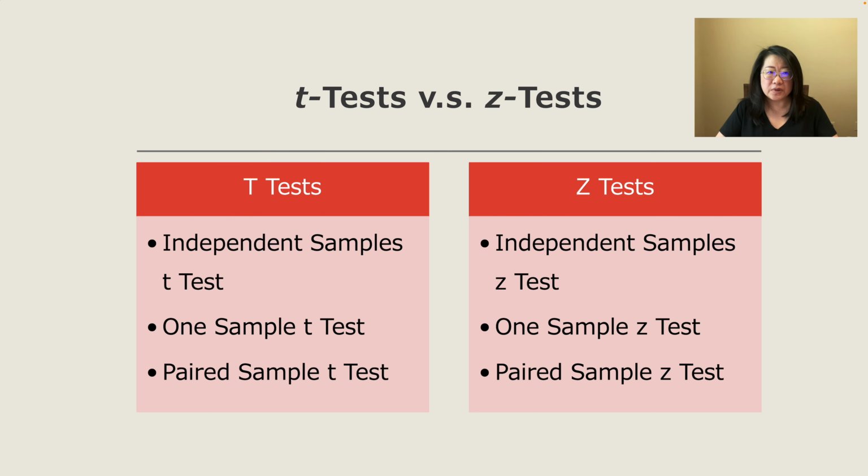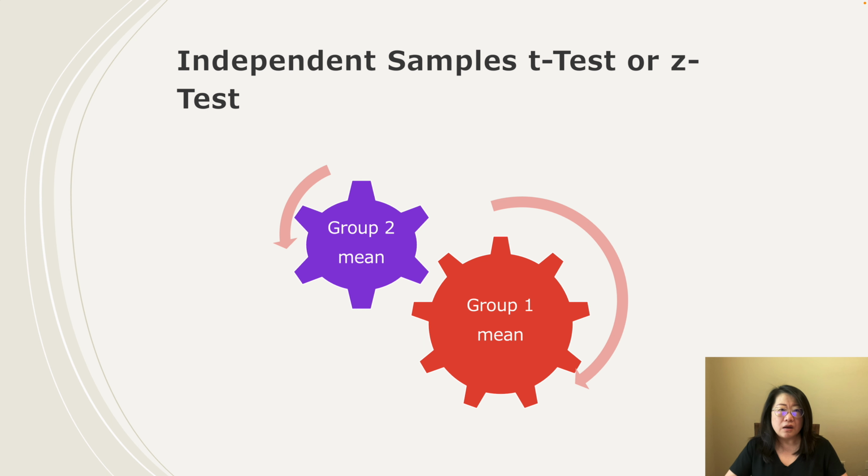So there are three types of t-test and three types of z-test. We have the independent sample z-test or t-test, the one sample t-test, and the paired sample t-test. The independent sample t-test, or z-test, basically compares the group average or group mean between two different groups.